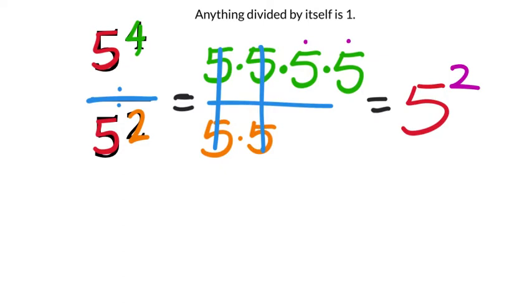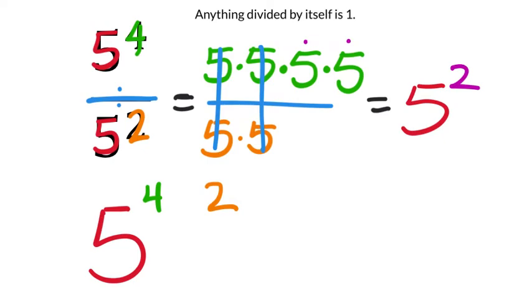Now, since this is new, we're kind of looking for a pattern or a rule to apply. And while 5 to the power of 2 does match the denominator here, that's not really what we're looking at. What happens with these 5s right here is that the bases are the same, right? And you take the exponent of the numerator and then the exponent of the denominator, and it has to be in this order.